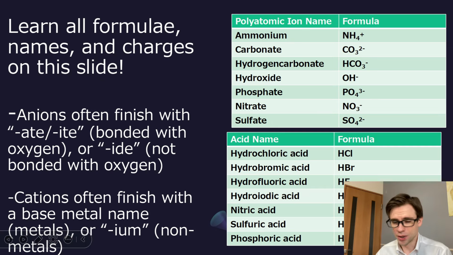So practice going from the name to drawing the formula and charge, and then also looking at the formula and charge and writing the name. I also have a list of acids on this slide that you're going to start to want to remember as well.